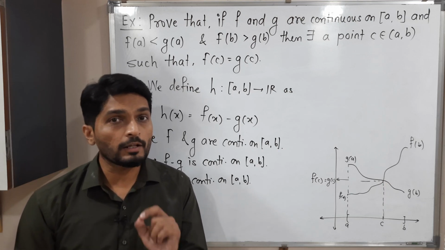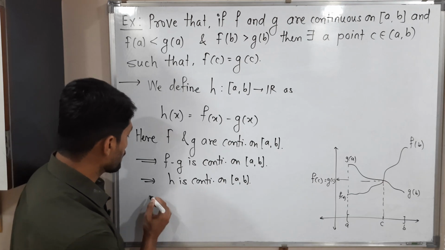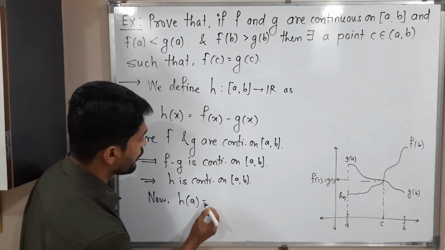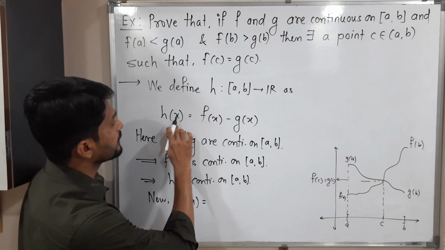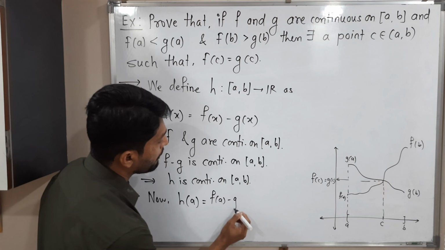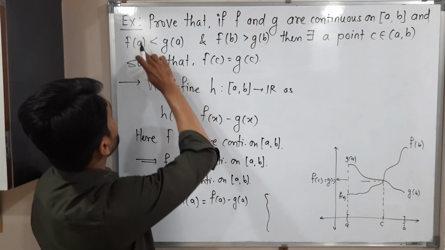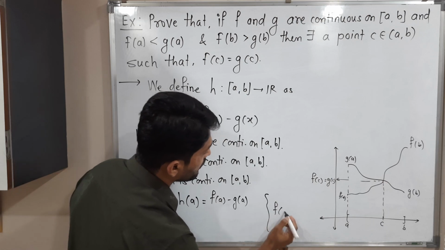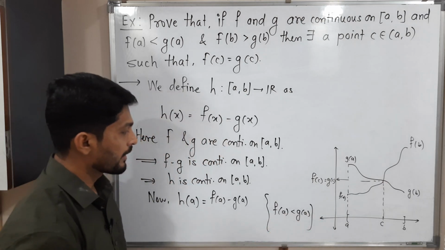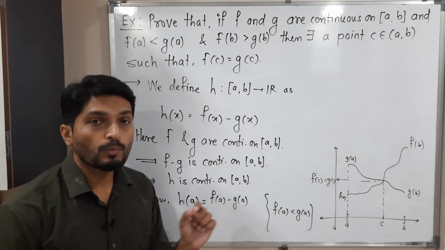So let us find the value of h at points A and B. Let us see what will happen. First I am going to find h of A. Simply I will put A here: f of A minus g of A. But they have mentioned f of A is less than g of A. That means I am subtracting a larger number from a smaller one.